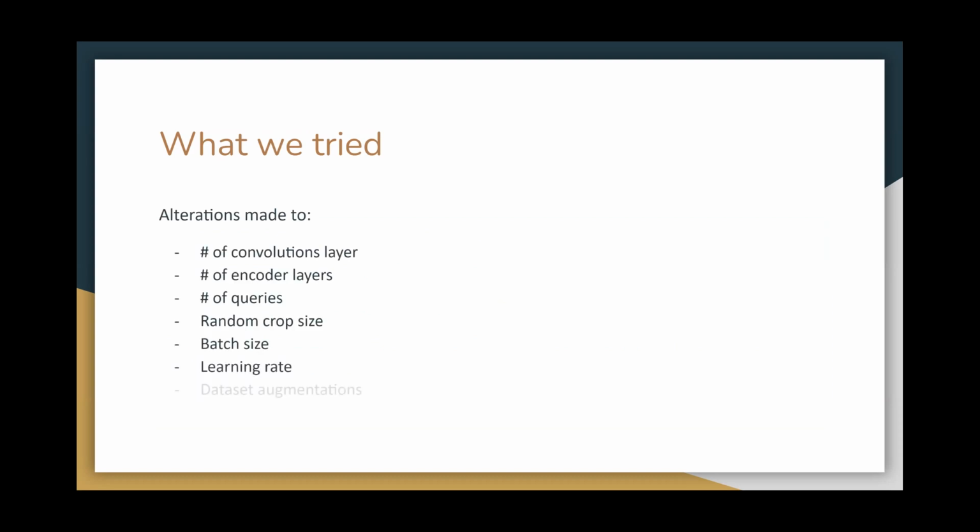We tried to solve that problem of high number of instances by using random crop size. So we would make the image much smaller, but that didn't solve the problem of the model not converging. So we tried a lot of different things like fewer encoder layers, fewer convolution layers, fewer queries, different data augmentations, batch size, learning rate. We tried all that, but it still wasn't converging.